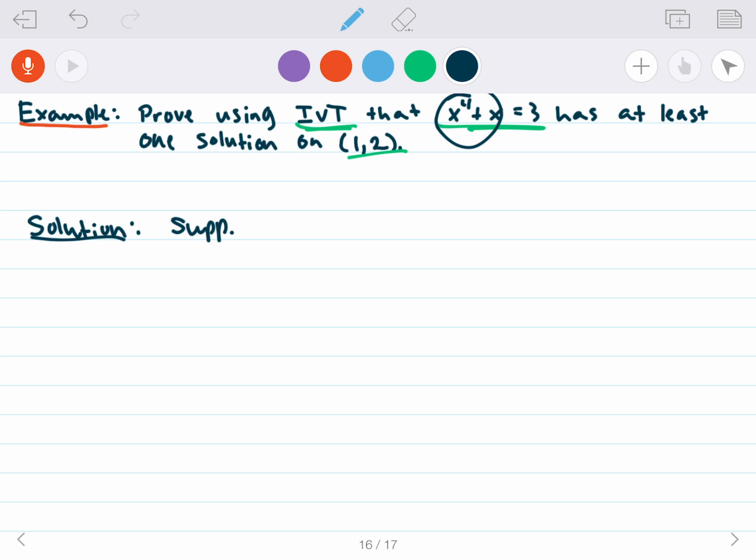So suppose f of x is equal to x to the 4 plus x. And note, we already proved that any kind of polynomial in this form is continuous on all real numbers. So in particular, it's continuous on this closed interval from 1 to 2.